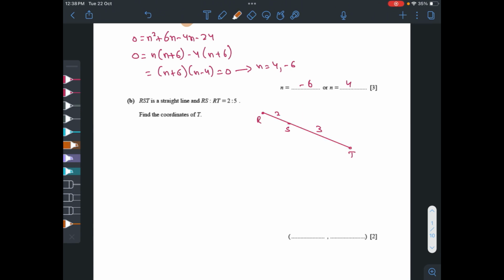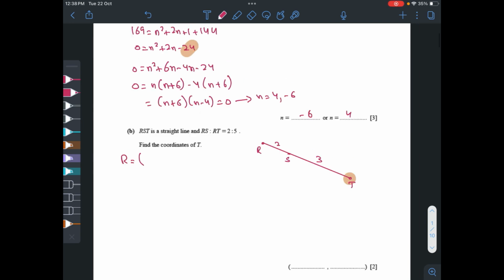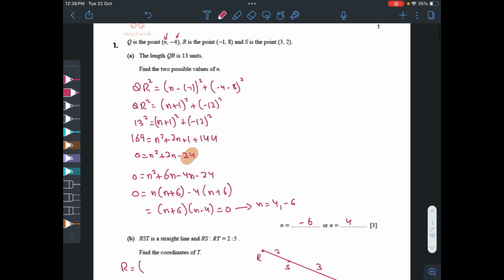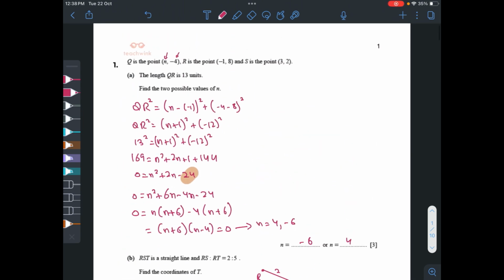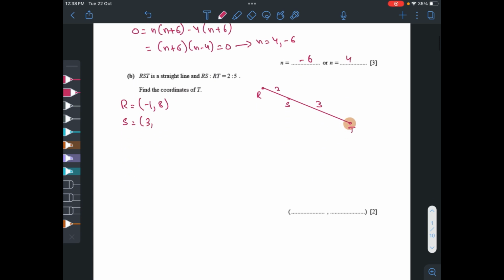Technically, we are supposed to find the coordinates of T, but this is a vectors question. First, you need to know what RS is. For that, we need the coordinates of R. The coordinates of R are -1 comma 8. The coordinates of S are 3 comma 2. Now let's find RS.